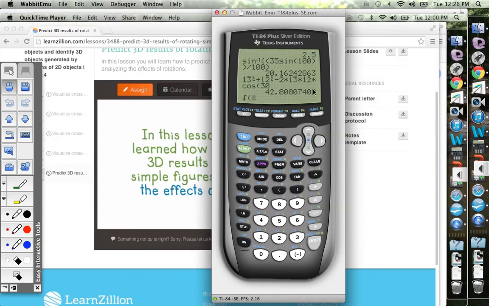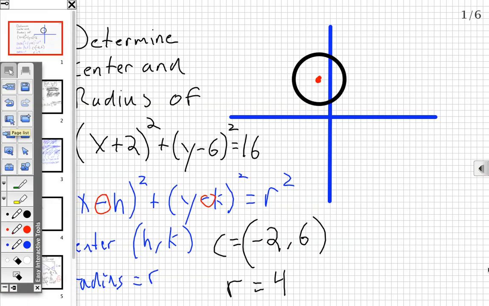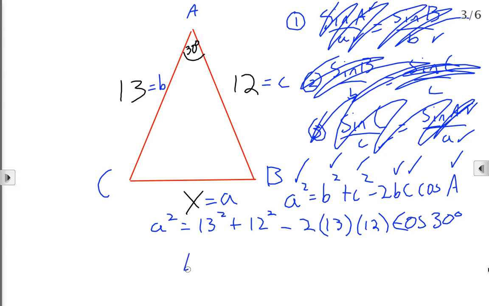And then we could retype this and square root 42.8000 whatever, but I'm just going to use that answer button, which basically means, dear calculator, type in my last answer for me. And we get 6.54. All right. So what we get here is a equals 6.54.